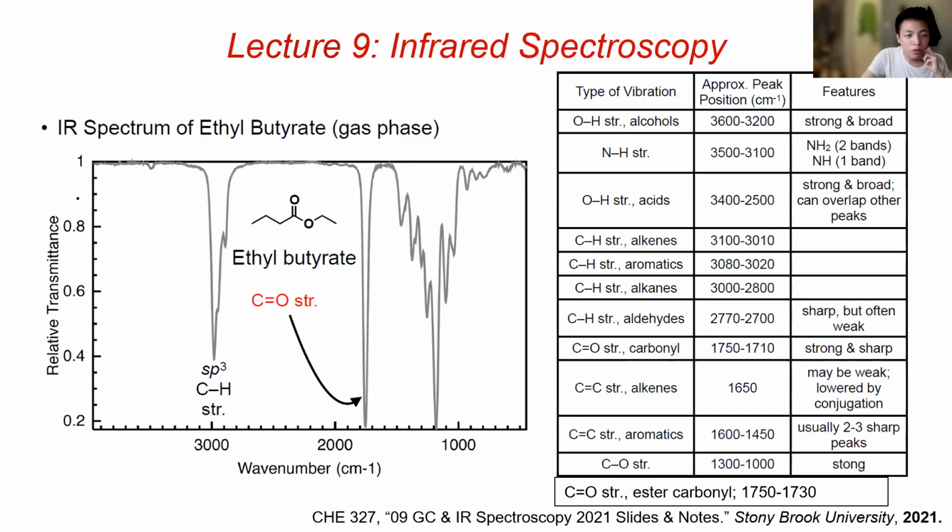And then for ester, we don't have any OH stretch. So that's why we don't observe anything here. And for ester, the carbonyl peak is very special compared to normal. Normally it's around 1730 to 1710, lower than the ester.